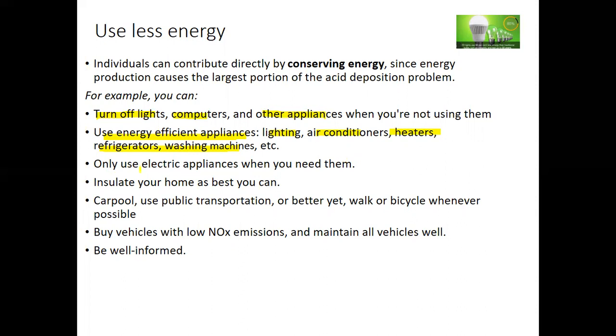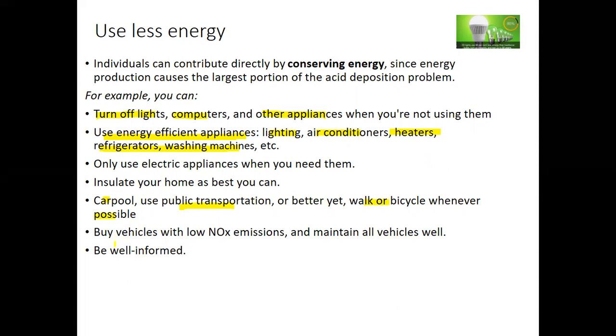Then we can use the electric appliances only when we need them. Insulate your home as best as you can. This is applicable for cold countries. As a hot country, we can use natural ventilation methods instead of using fans and other methods. Then carpool, use public transportation, walk or bicycle whenever possible.